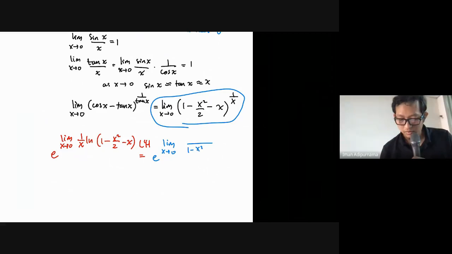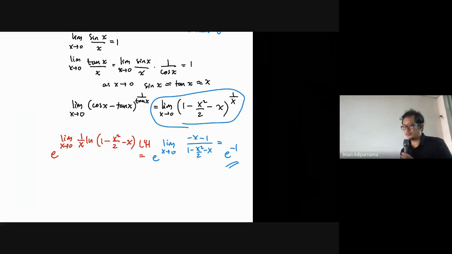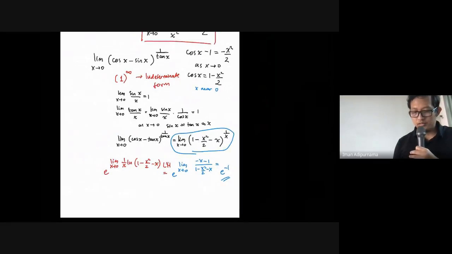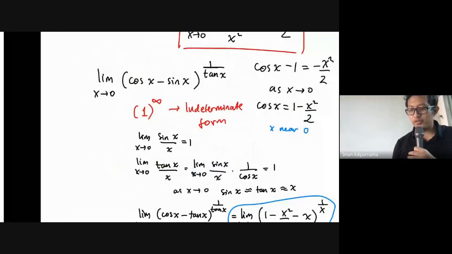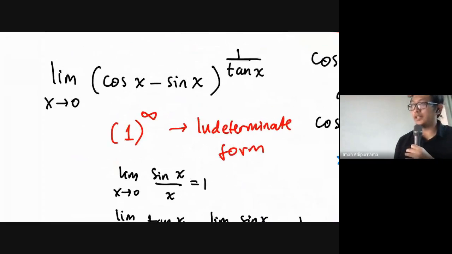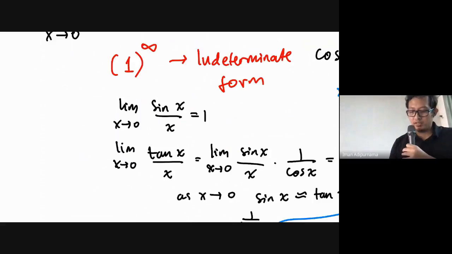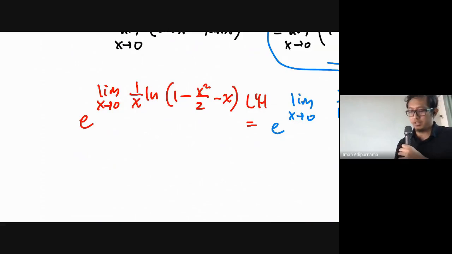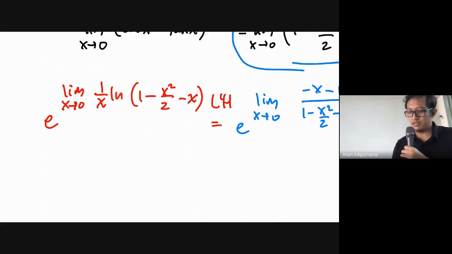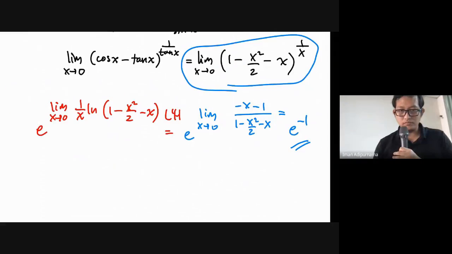So 1 minus x minus 1, and we get the answer directly. It's e to negative 1. But I've tried before using L'Hopital directly from this one. It's actually doable. You can also do that. Another way is to transform the function into another function that is easy for L'Hopital.